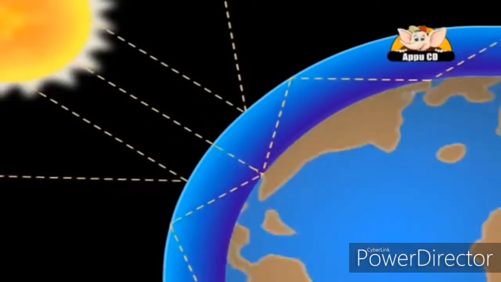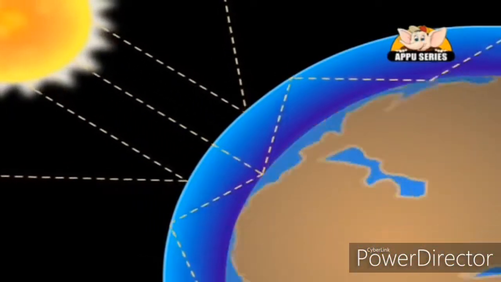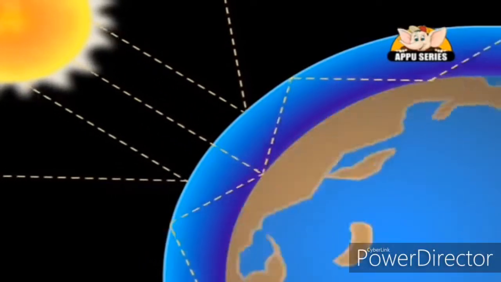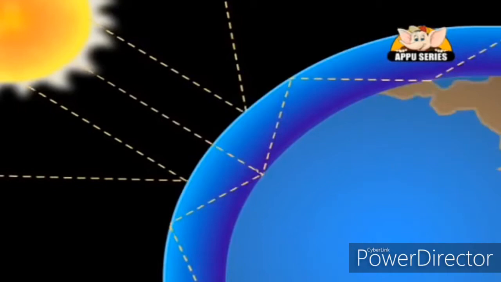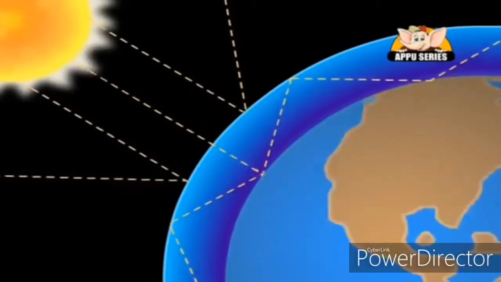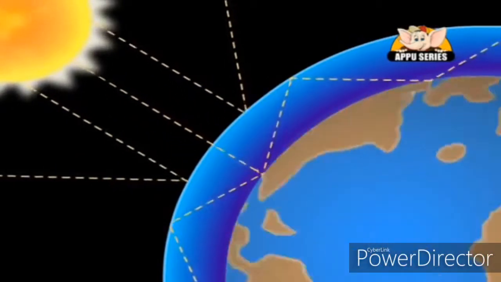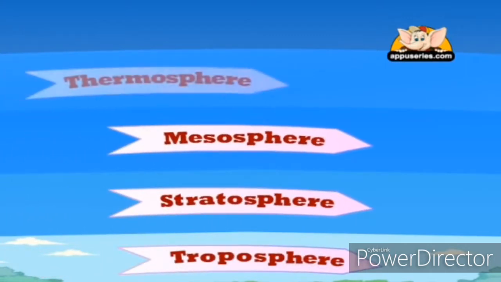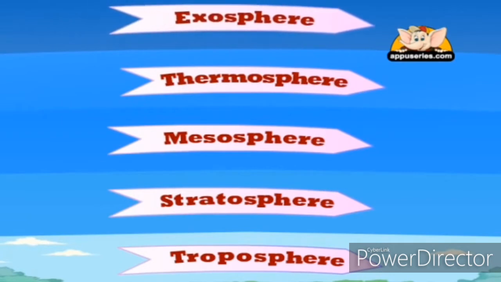Without the atmosphere, we would not be able to live here. Those gases protect us by blocking out dangerous rays from the sun and making Earth a perfect habitat for plants and animals. The Earth's atmosphere has 5 layers: troposphere, stratosphere, mesosphere, thermosphere, and exosphere.